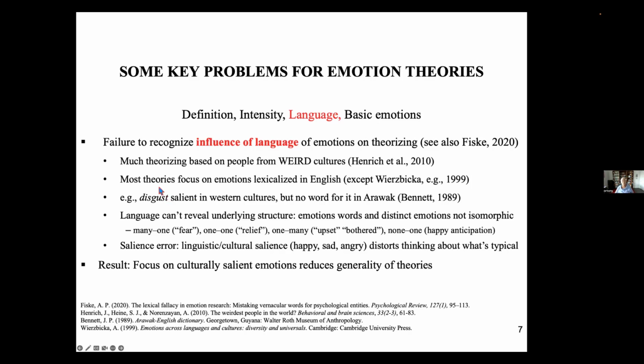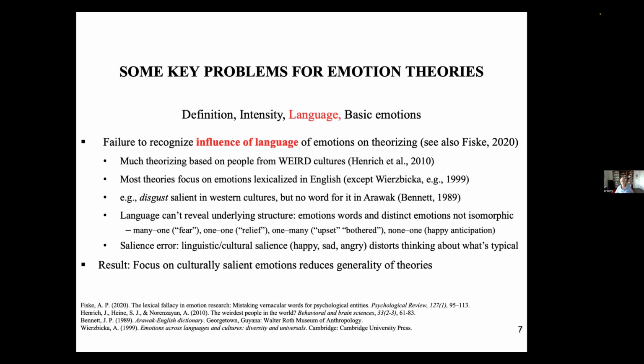Associated with this is the fact that most theories of emotions, because they're collected from people in these cultures, especially English-speaking cultures, focus on emotions that are lexicalized in English. There are English words that drive the research. Now, this is a problem because some words that are very salient in our culture, a word like disgust, for example, there's no word for it in the South American language Arawak.